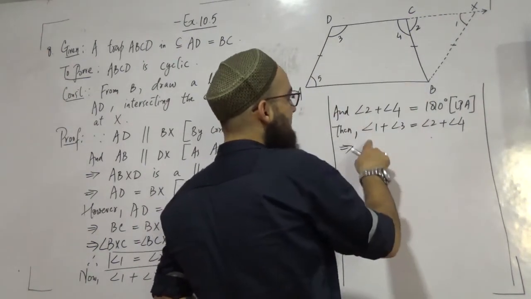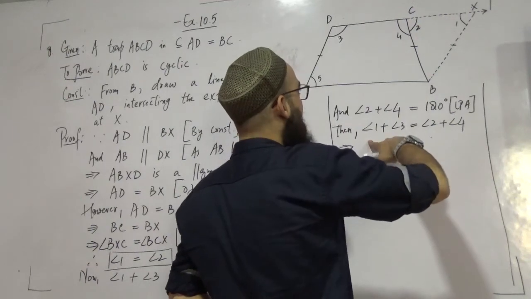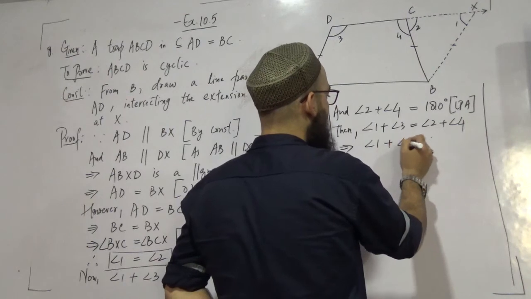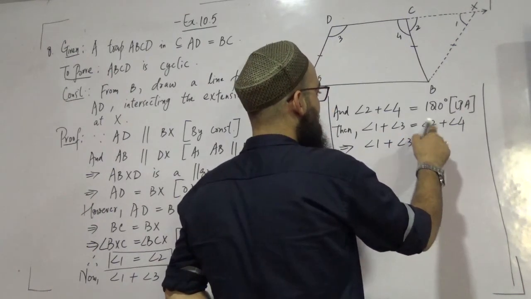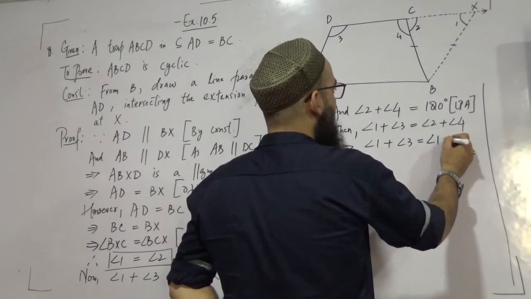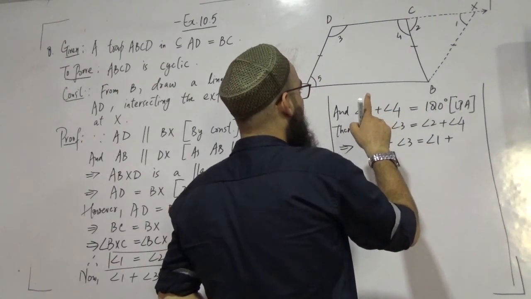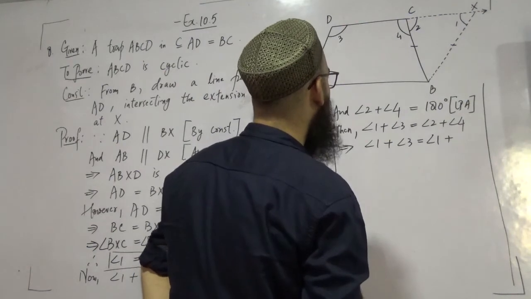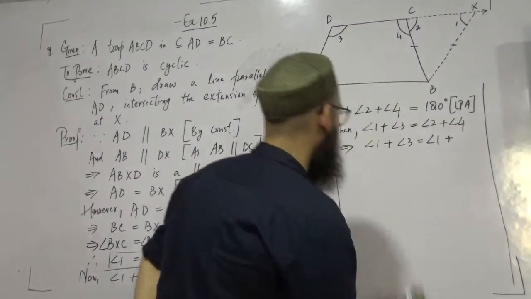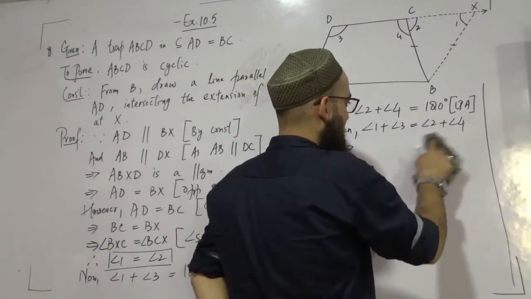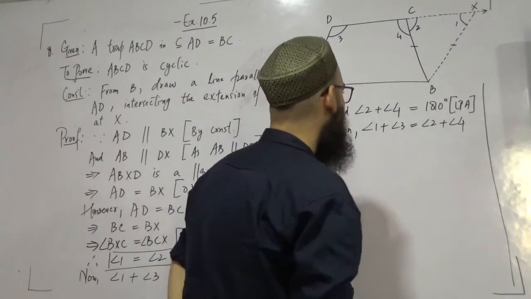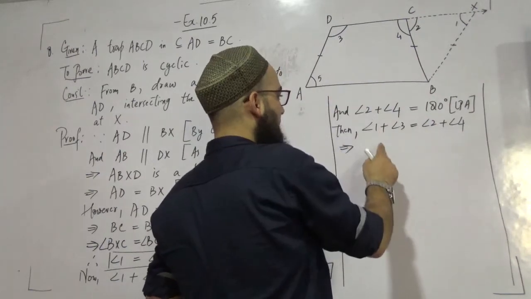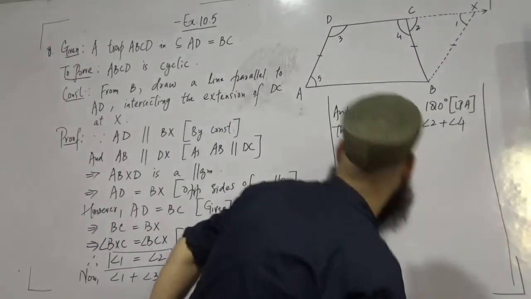It will not work like this. We can do one thing: angle 1 plus angle 3 is equal to angle 2 plus angle 4.